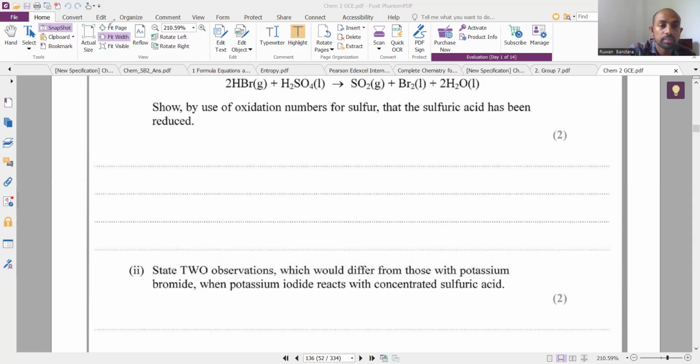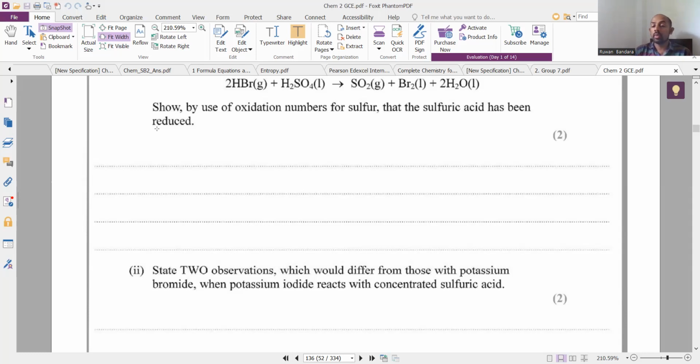Sometimes they will ask you to state two products observed that are reduced products. If they say write the reduced product, if you write iodine, that's wrong, because iodine is not the reduced product.